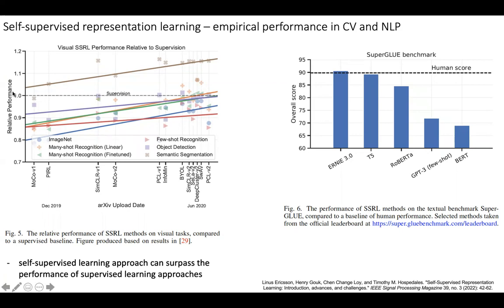For example, if we take the supervised learning performance as the baseline of 1, some of these self-supervised learning approaches go far beyond it. Similarly, in natural language processing tasks, self-supervised learning approaches can surpass human scores. For example, this ALBERT 3.0 achieves a SuperGLUE overall score above the human score.